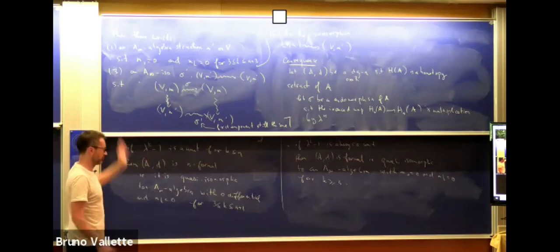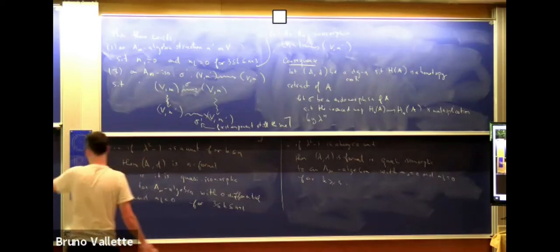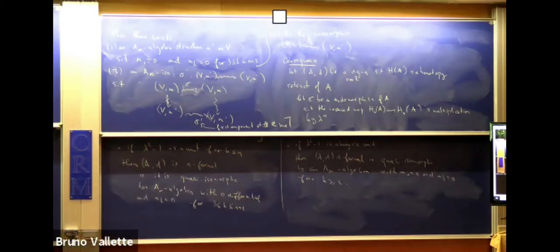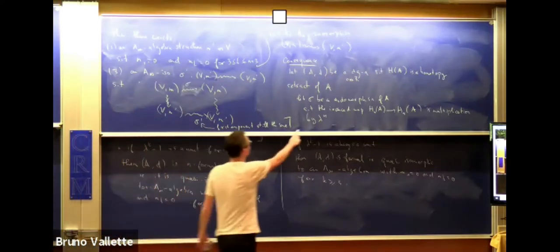So the way you prove this consequence from the lemma is, first, use the homotopy transfer theorem to transfer the infinity structure that you have on A to an infinity structure on the homology of A. Well, you have M1 is 0 at this stage. And you also transfer your endomorphism.